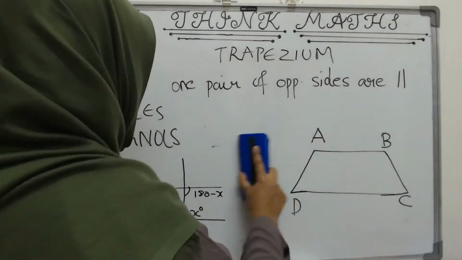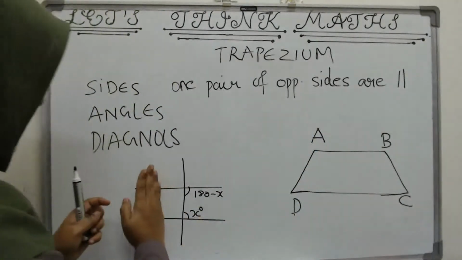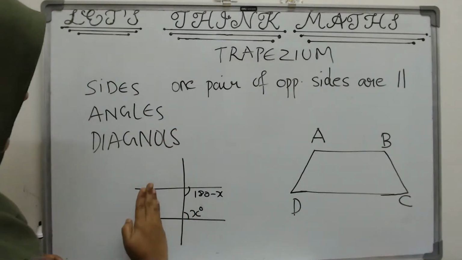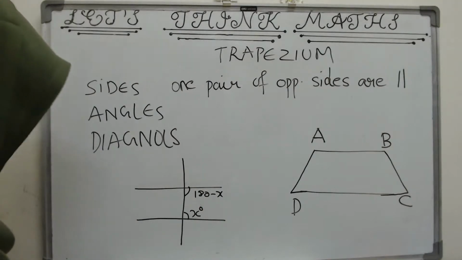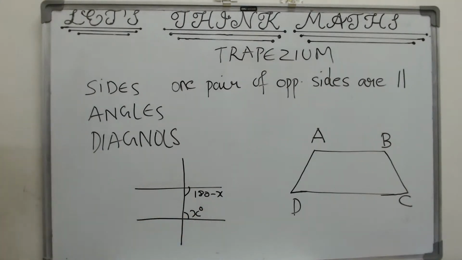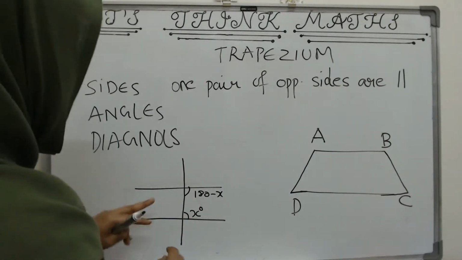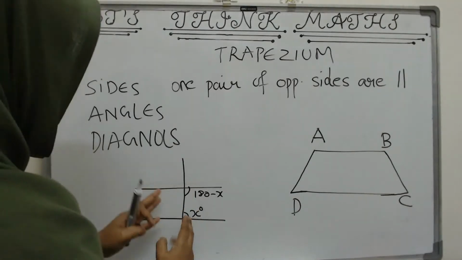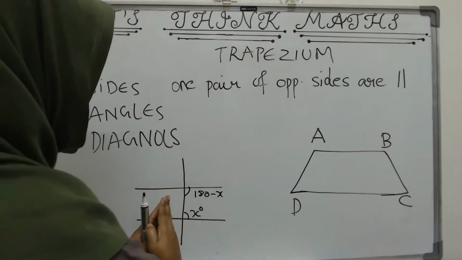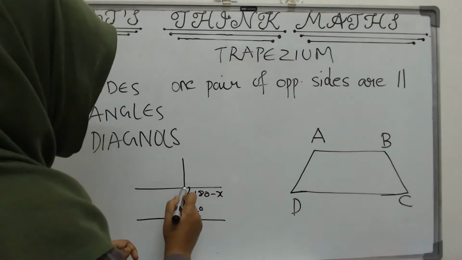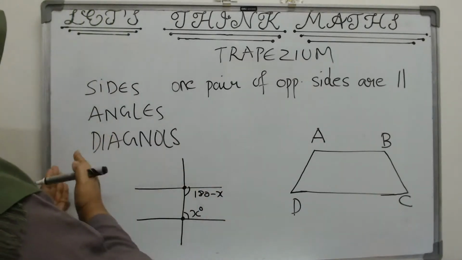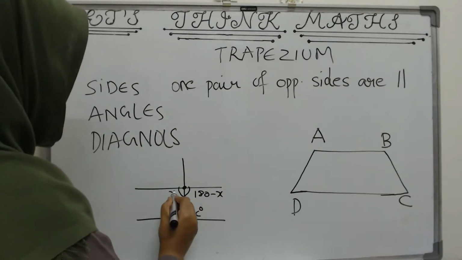So, if you have two parallel lines and a transversal cuts them, then the angles on the same side of the transversal will be supplementary. And the second thing you know about parallel lines is that if you have alternate interior angles, see the transversal, one angle to this side in this vertex and another angle in this vertex to this side, they both will be equal.